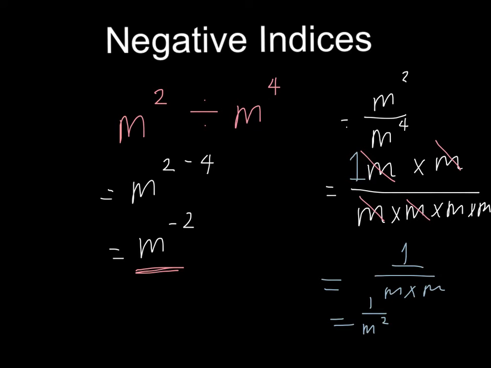Hopefully now you might see a relationship between the two ways that we've done this. All we've done is put the pronumeral and its power onto the bottom of a fraction, and then it turns into a positive power.